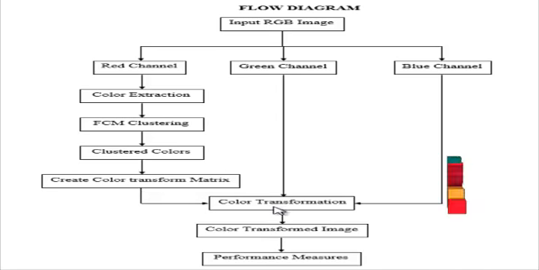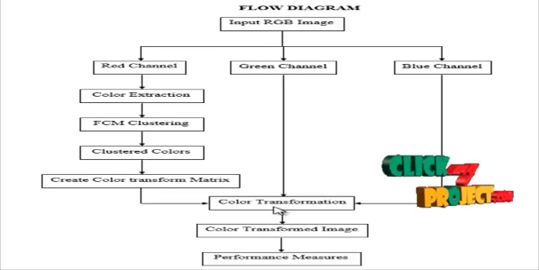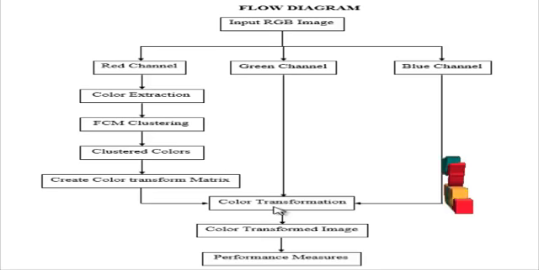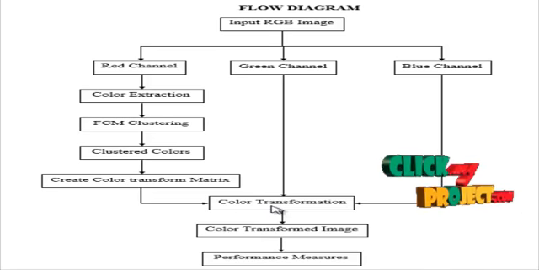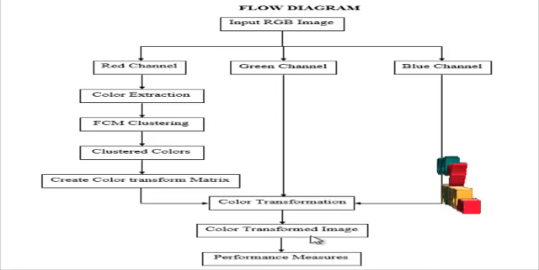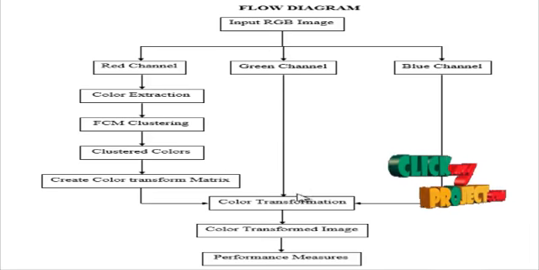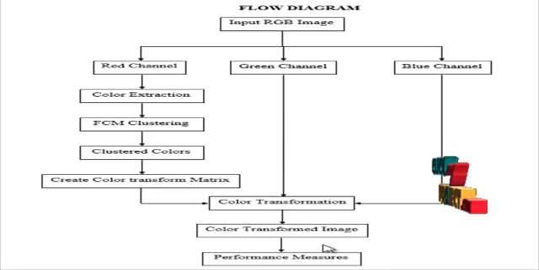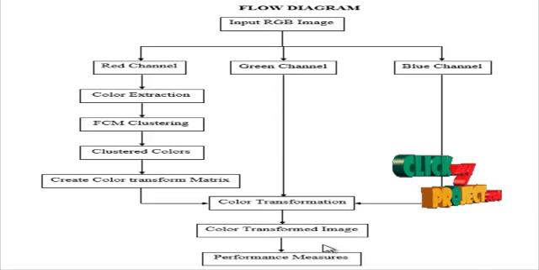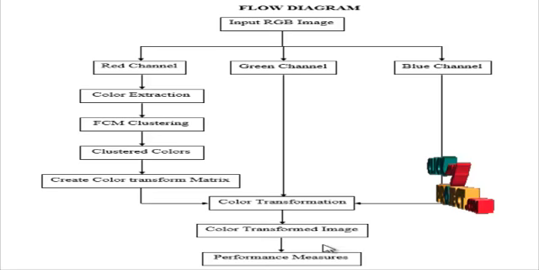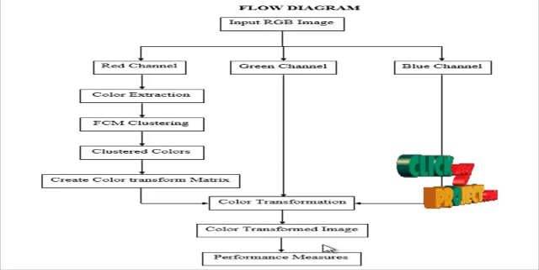The transformation matrix converts the original pixels from the images into different colors based on the color blindness of the people. From the color transformed image and the input RGB image, the performance of the process is measured in terms of the naturalness and perceptibility.